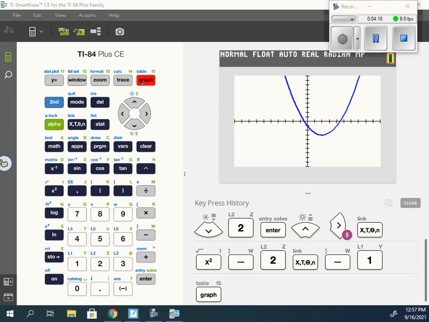So we can say y equals, well, we can type it in alpha, y equals, enter. So 1/2 x squared minus 2x minus 1.